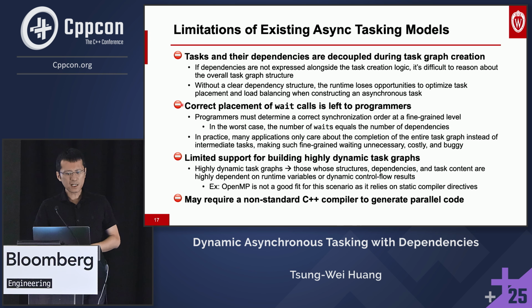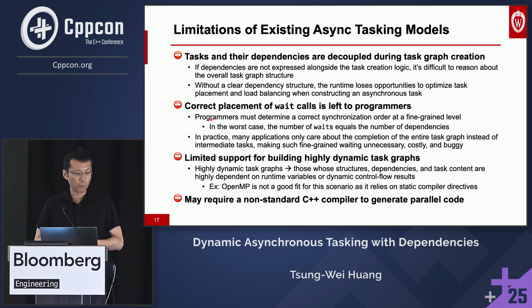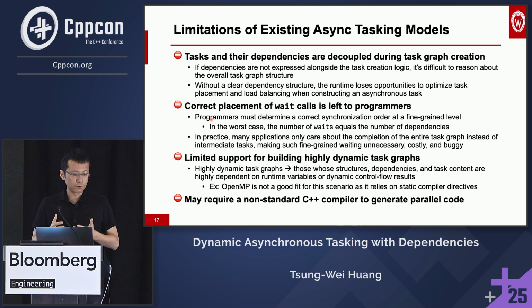The second limitation is that the correct placement of the wait call or synchronization call is completely left to programmers. That means the programmer must determine a correct synchronization order at a very fine-grained level. In the worst case, the number of synchronizations using future.wait, the method, will be equal to the number of dependencies in your graph.